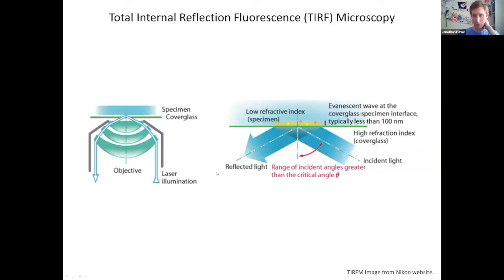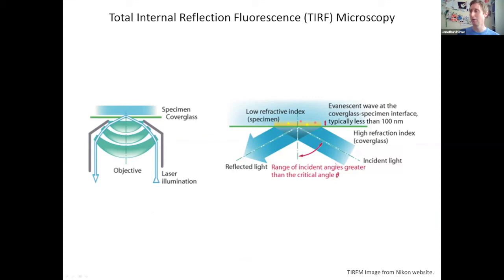So I mentioned TIRF microscopy. TIRF is a very useful illumination technique when you're doing single molecule imaging, because it restricts excitation to very close to the cover glass, so the whole cell does not get illuminated. The way it works is you direct the laser at the sample, not straight at the lens, but at the edge of the lens, and then it approaches the sample at an angle.